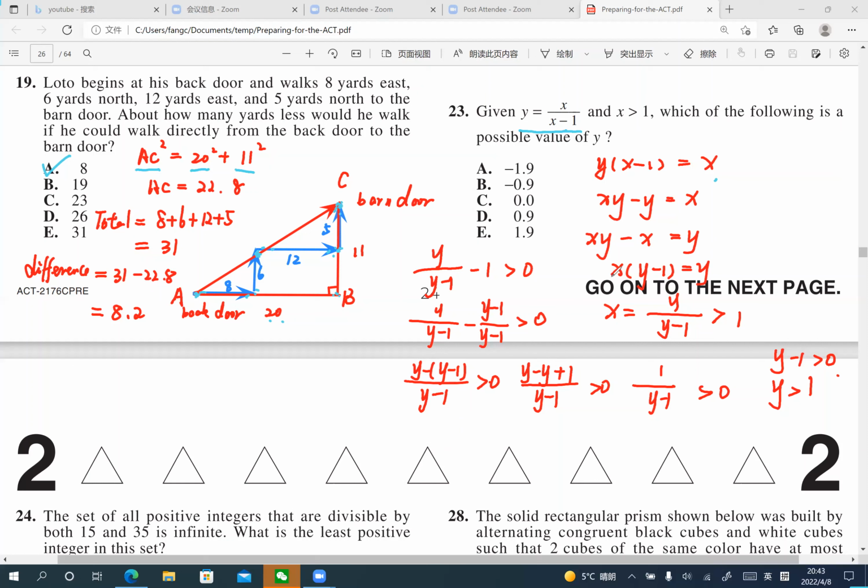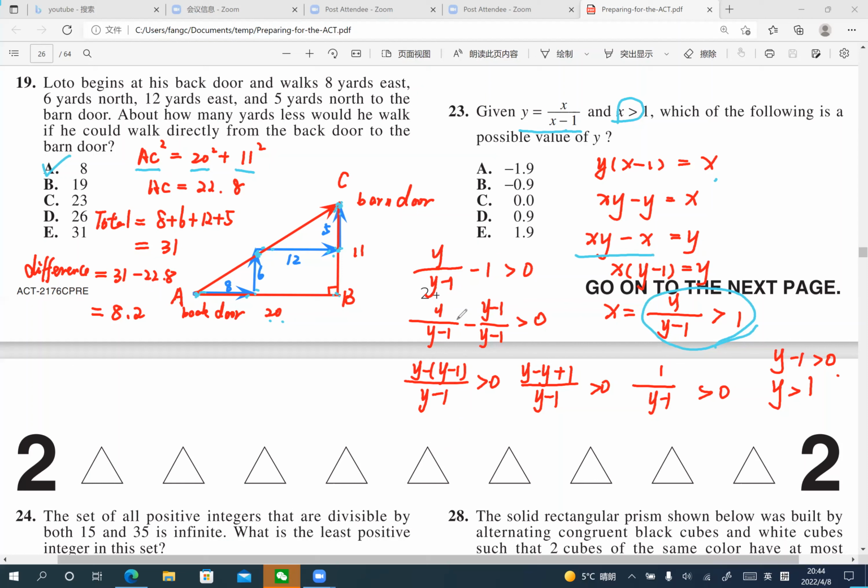Factor an x out of the expression, we get x times y minus 1 equals y. So x equals y divided by y minus 1. According to the given information, x is greater than 1, which means y over y minus 1 is greater than 1. Then solve this inequality. Move 1 to the left and flip the sign: y over y minus 1 minus 1 greater than 0.